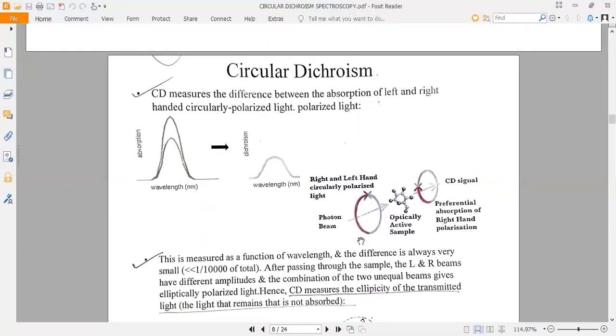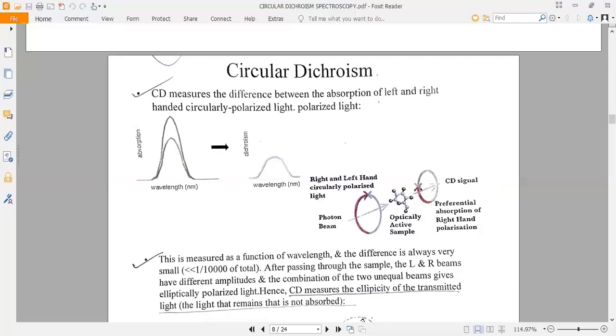Here, this is another figure in which a photon beam having this kind of light is passing through the optically active sample, after which a CD signal is obtained, which preferentially absorbs right-hand polarization.